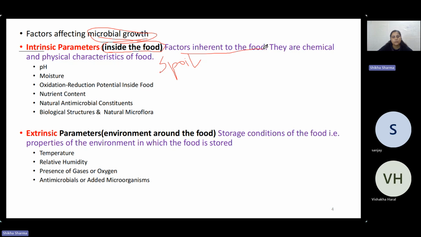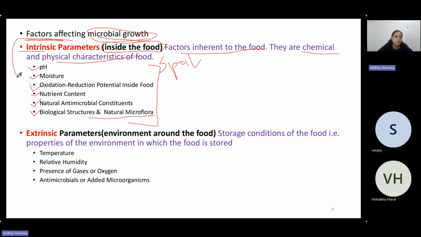These are factors inherent to the food, like its chemical and physical properties, which include pH, moisture content, oxidation reduction potential inside the food, nutritional content, natural antimicrobials present in the food, and the biological structure and natural microflora of the food.